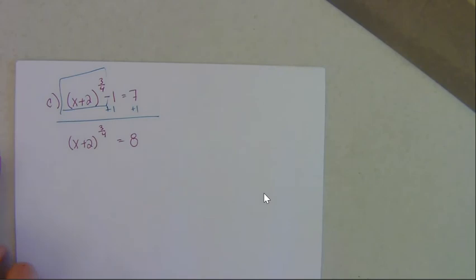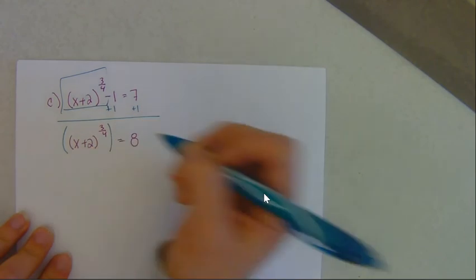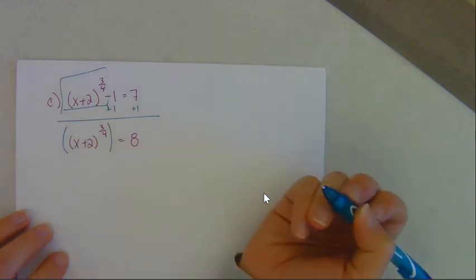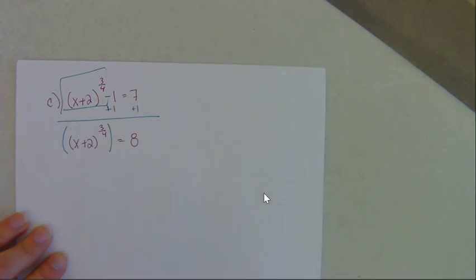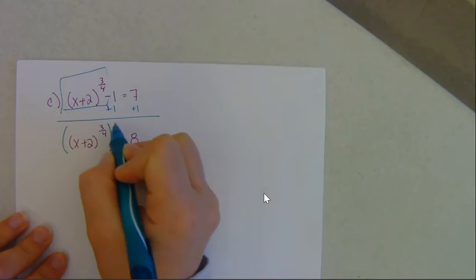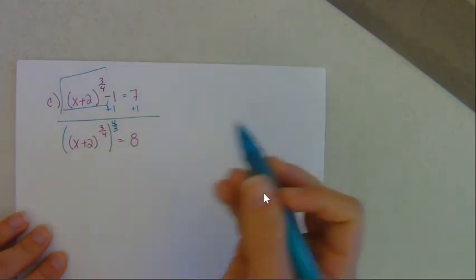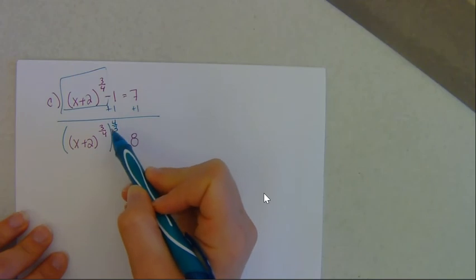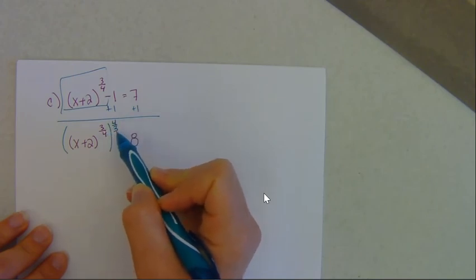If you think about properties of exponents, a power to a power, you multiply. So if I choose to multiply by the reciprocal, so if I have 3 over 4, my reciprocal is going to be 4 over 3. If I multiply by the reciprocal, think about what's going to happen here. I'm going to have 3 times 4, which is 12, and 4 times 3, which is 12.